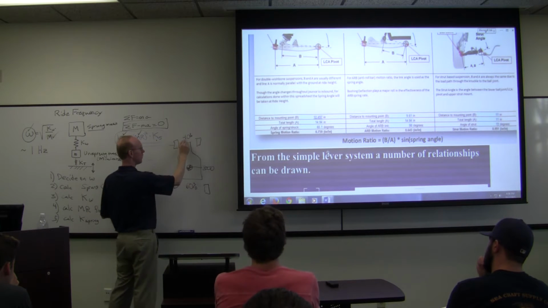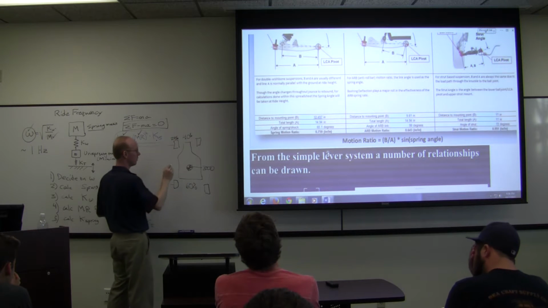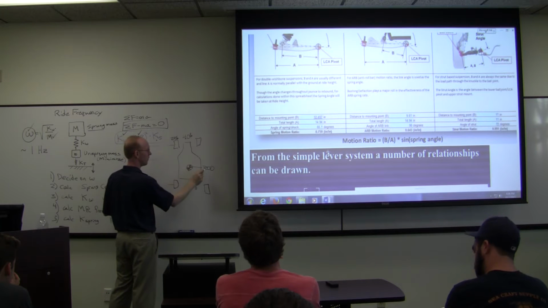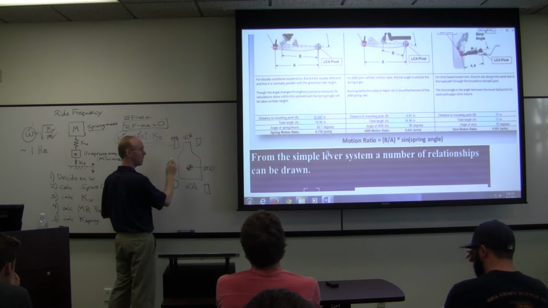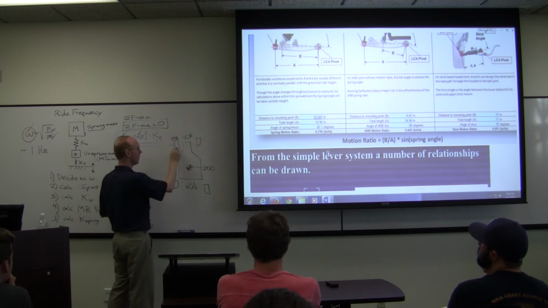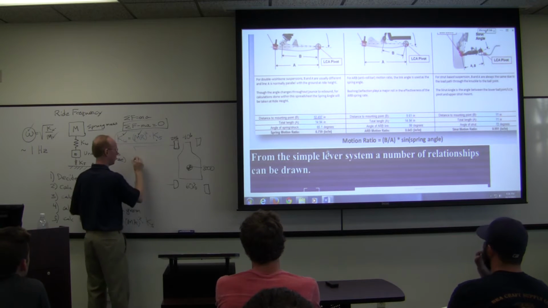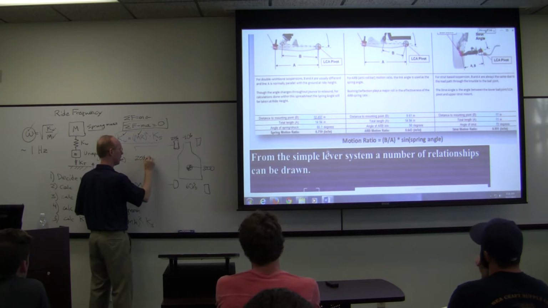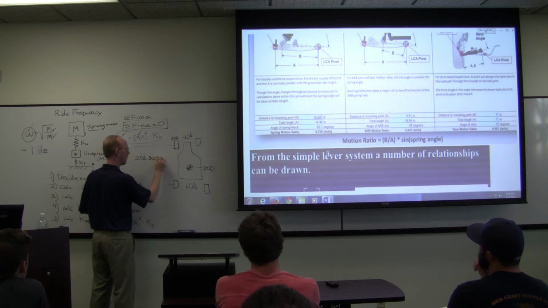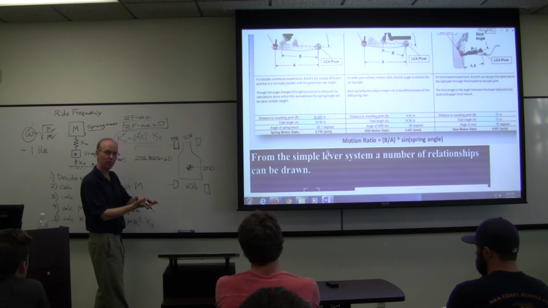That means 20% is on that tire. So 20% of 300 is 60 pounds. That's the weight at the contact patch.